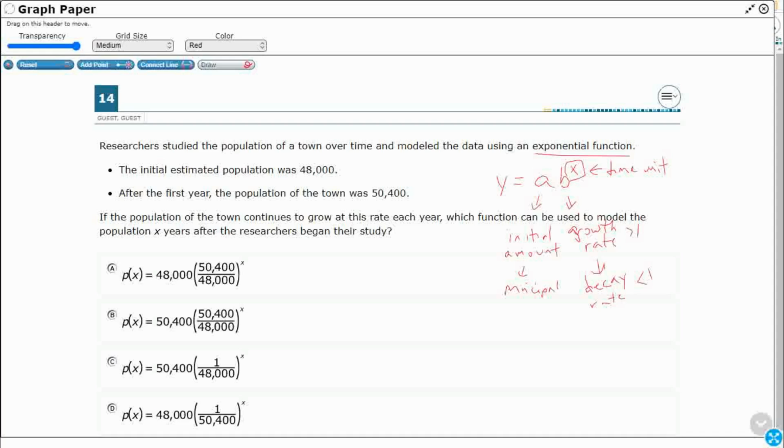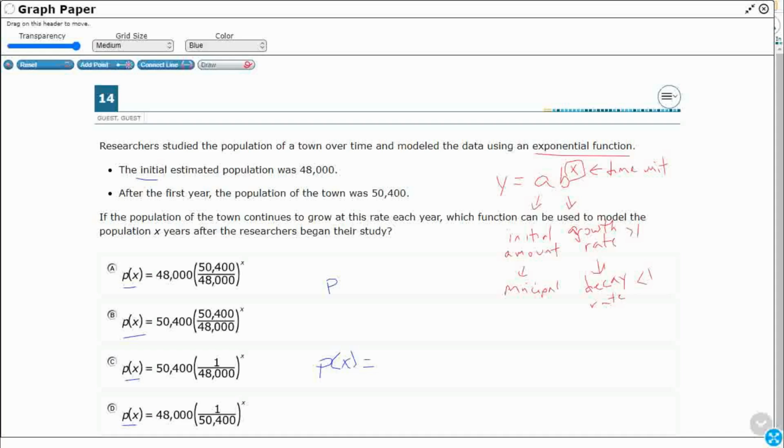So let's see if we can match that with what we're getting in this problem situation. They are going to use an exponential function, so we can use that. It does look like we're using p of x, so let's call that out down here, p of x rather than y equals. We're looking for an initial amount. That's going to be our a term.